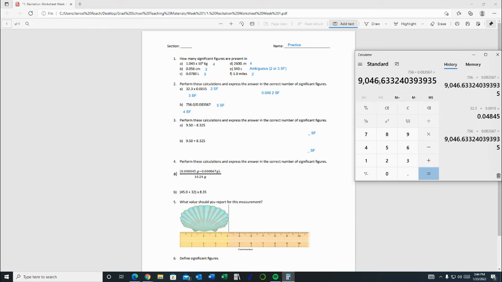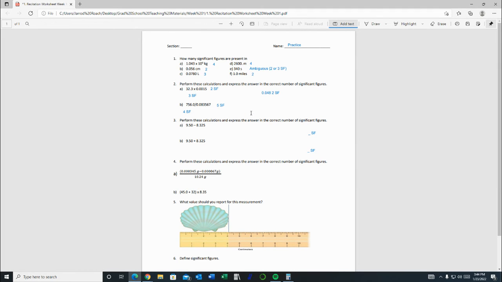And we find that this is our answer. So we need four sig figs, 1, 2, 3, 4. So we're going to round at the ones place. And the number here is greater than 5, so that means we are going to round up. And our answer is 9,047 with four sig figs.